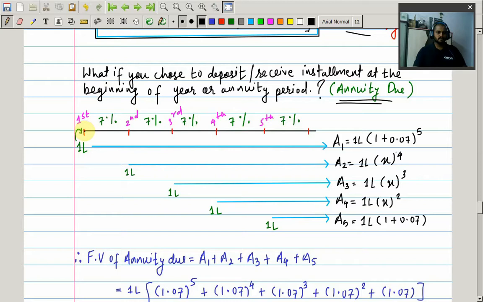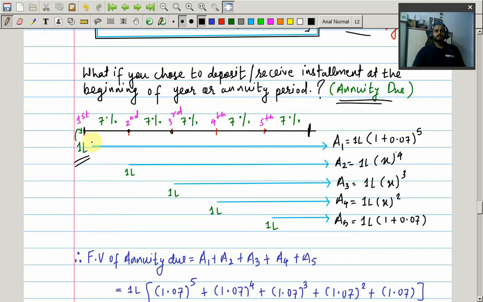This is the beginning of the first year, beginning of the second year, beginning of third, fourth and fifth. This is the end of the fifth year. Here my annuity finishes. I'm going to receive a lump sum amount, or if I want, I can withdraw it in installments. So in the beginning, I want to deposit 1 lakh rupees.